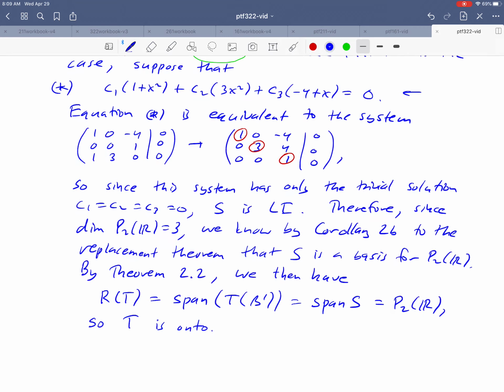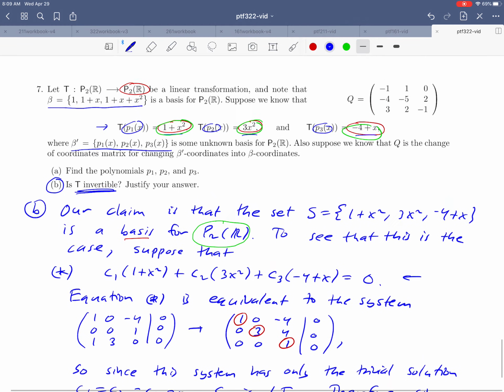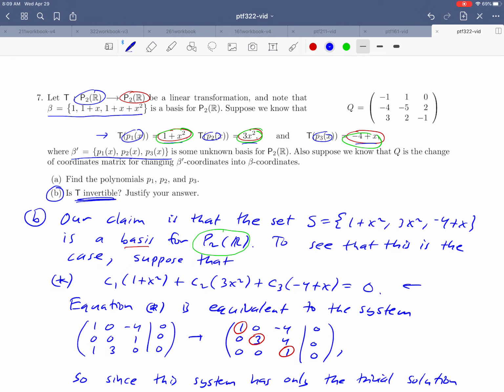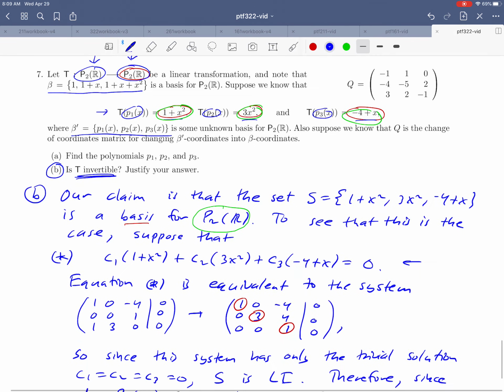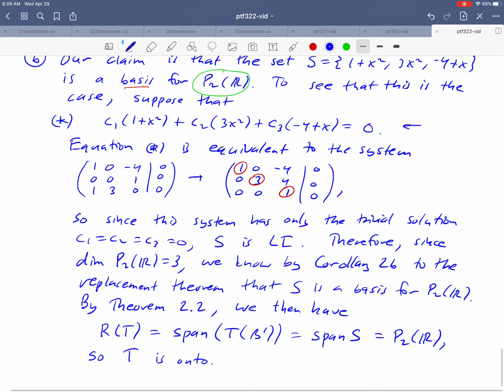We also need to show that T is 1-to-1, but if you look at our linear transformation T, notice that the domain and the codomain are the same. If you think back to theorem 2.5, it says that if the domain and the codomain have the same dimension, then if your function is onto, it's also 1-to-1. So without doing anything more, we know that our function is also 1-to-1.